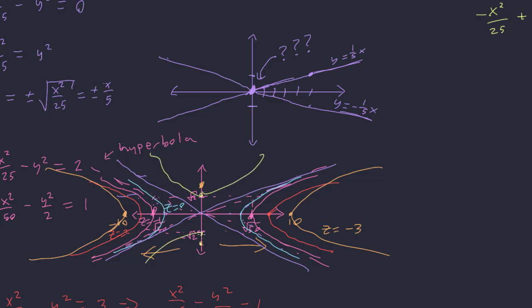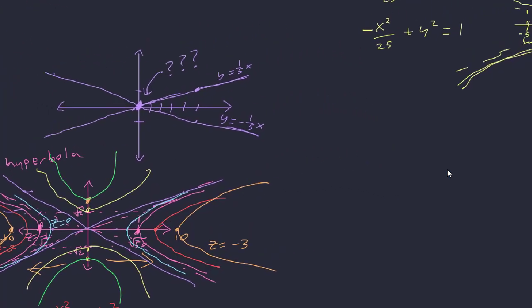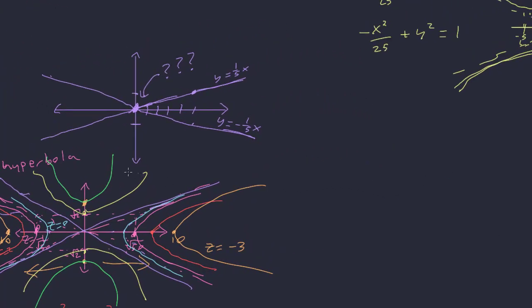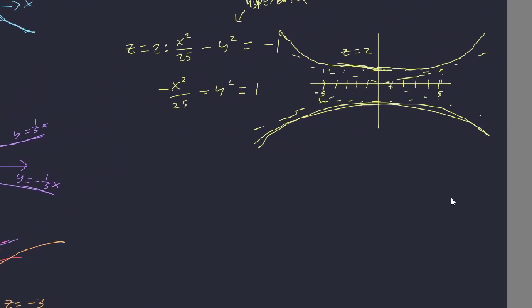And they start going this way. So I suspect that the next hyperbola that I look at is going to do this. So let's see. So this was z equals 2. Okay, so z equals 3. I imagine that's what's going to happen.